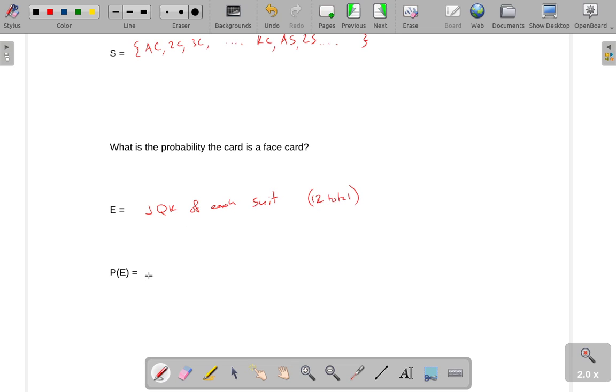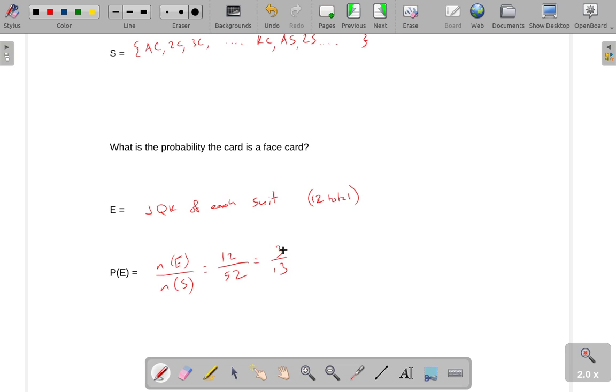So that means the probability of drawing a face card, if we're just drawing a single card out of the deck, is going to be N of E out of N of S. There are 12 face cards, so N of E, the size of the event that we draw a face card, is 12. N of S is going to be 52 because there's 52 different cards. So we'd end up with 12 out of 52. If you wanted to, you could reduce this down to 3 out of 13.